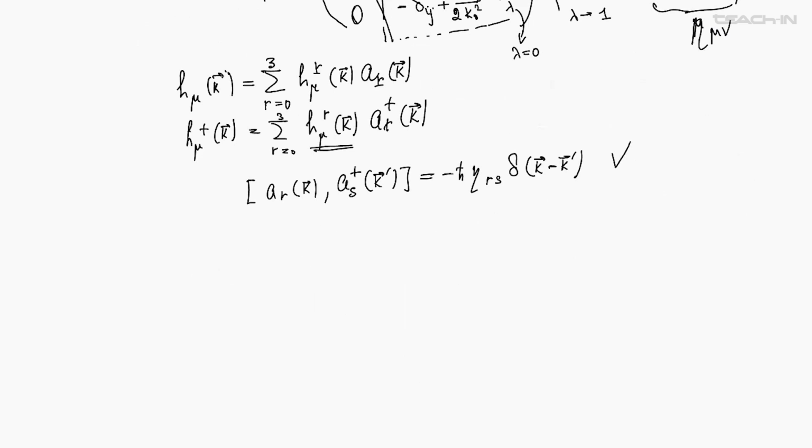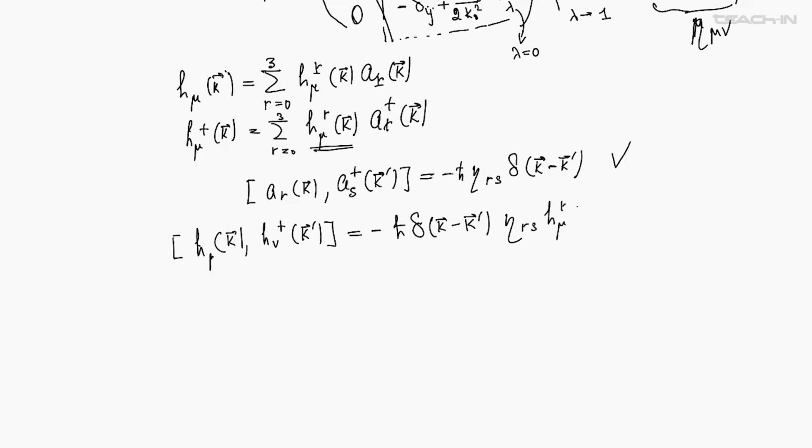H mu of k with H nu dagger of k prime equals minus h bar delta of k minus k prime, multiplied by eta RS, H R mu of k, H S nu of k.